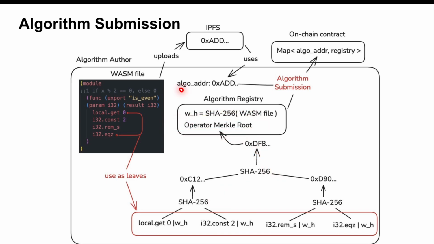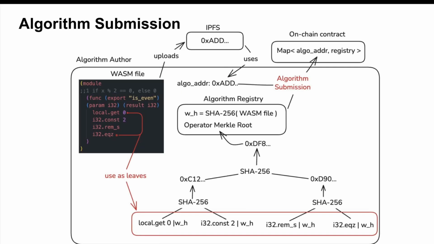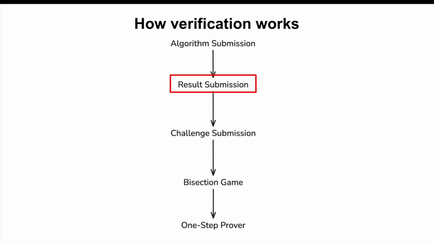And in the end, you take the IPFS address, file hash, and the Merkle root, and you submit this whole object to the on-chain contract as an algorithm submission object, which is a mapped registry of algorithm address and the whole registry object, as you see here. So this was the algorithm registry part.